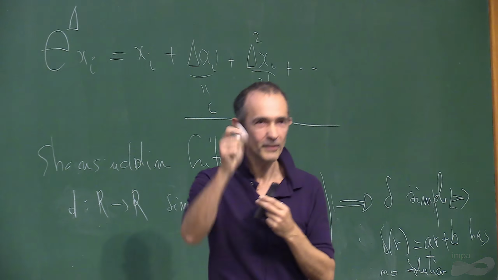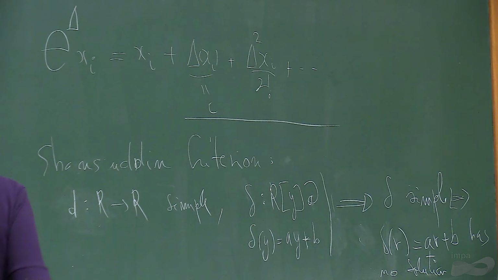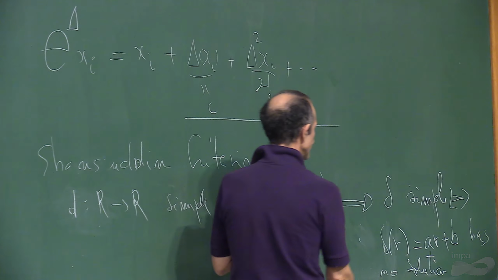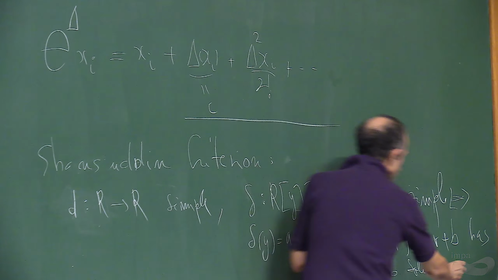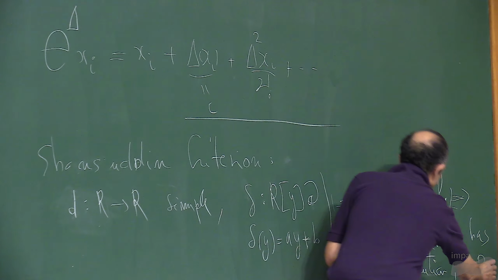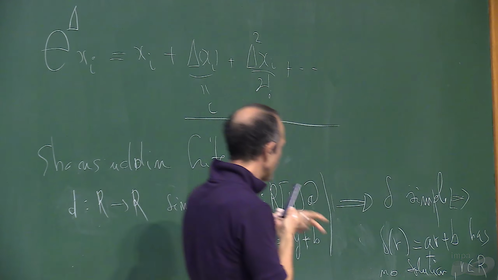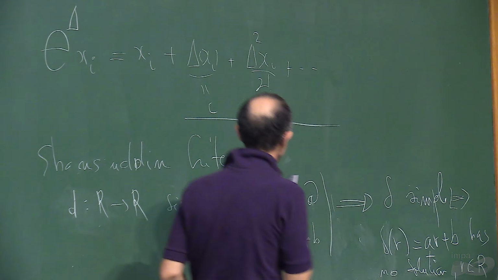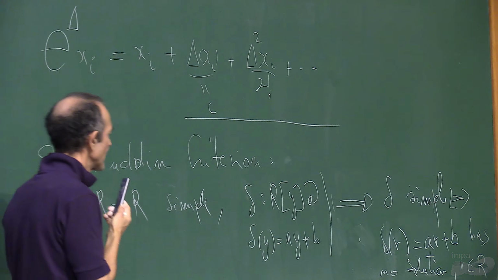Thank you very much, Daniel. It's simple if and only if this has no solution. There is no element in R which is a solution of these linear differential equations here.